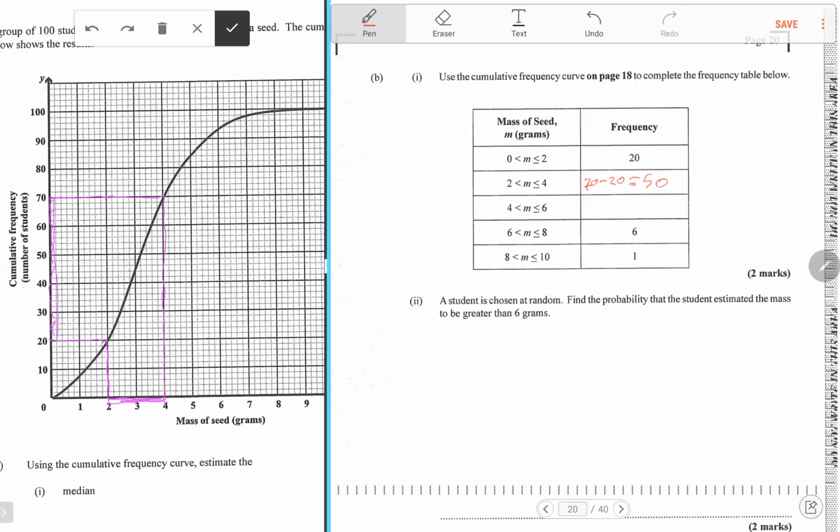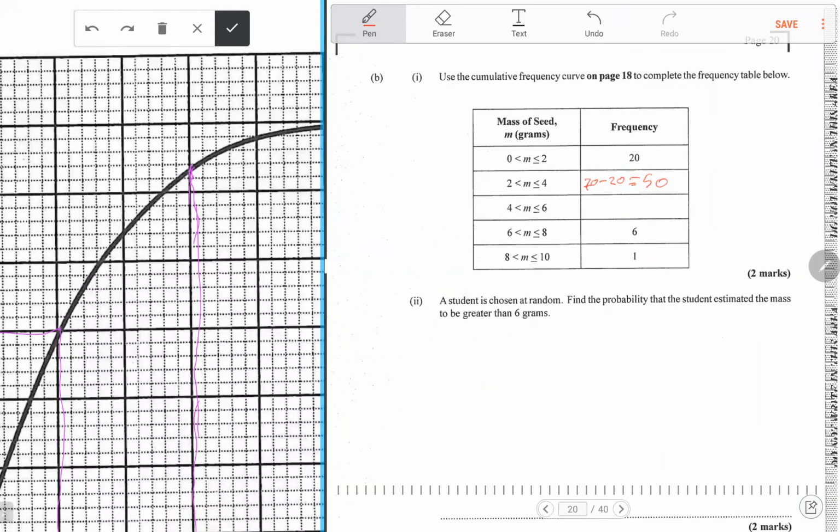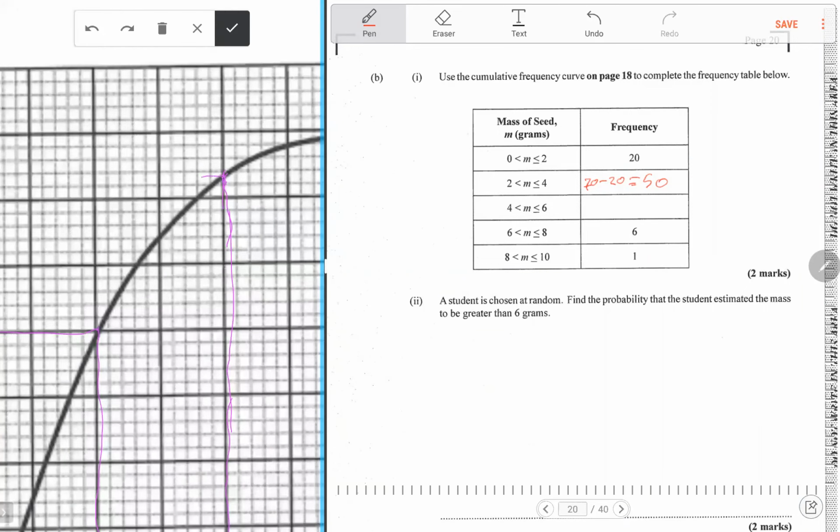And then between 4 and 6 now is this block right here. So between 4 and 6, coming all the way up here. That taking us right there. And that looks like 20. Let's zoom it up so we can see. You don't reach the top of the line. You come halfway in between here.